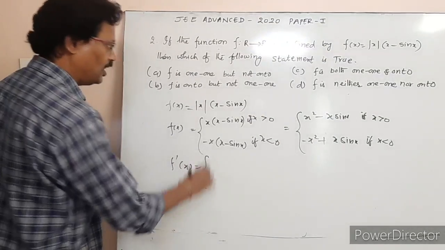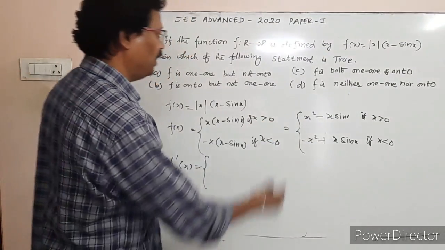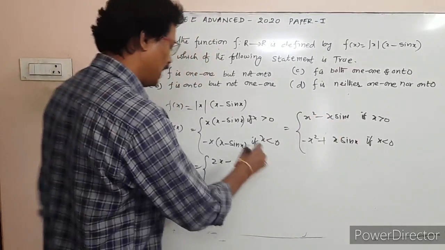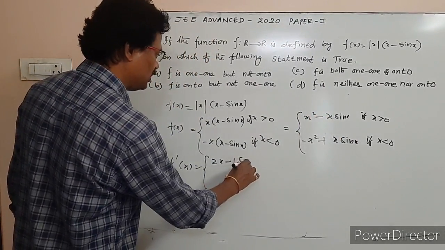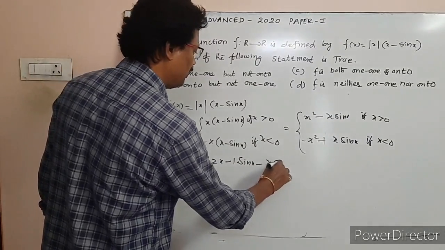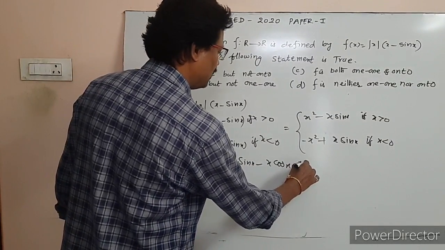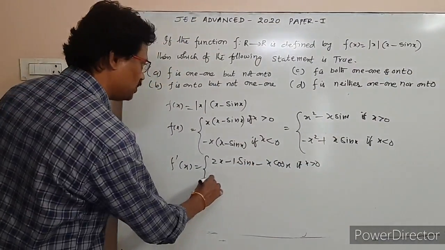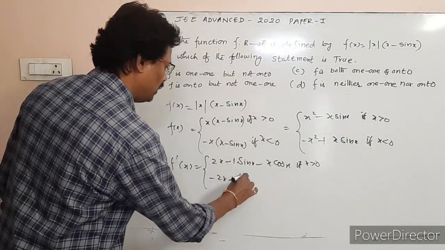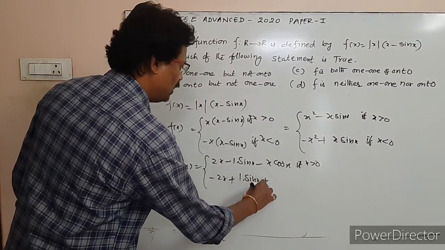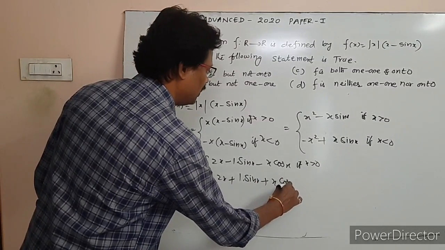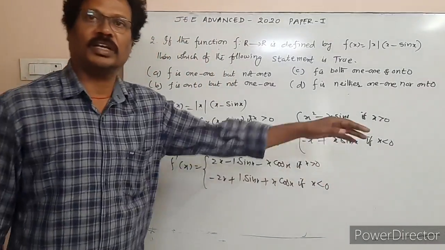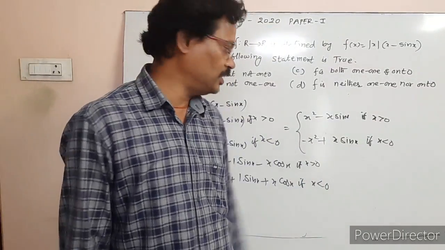Let us see how we find the derivative. x square derivative is 2x minus, there is a product rule: x derivative 1 into sin x, minus x into sin derivative, which is cos x, if x is greater than 0. And the derivative of this is minus 2x plus 1 into sin x plus x into sin derivative, which is cos x. This is the way if x is less than 0.